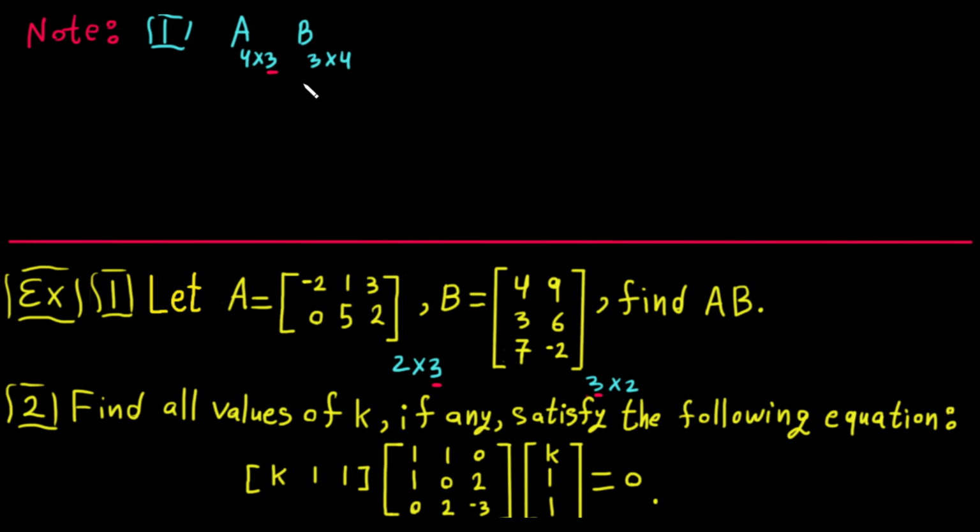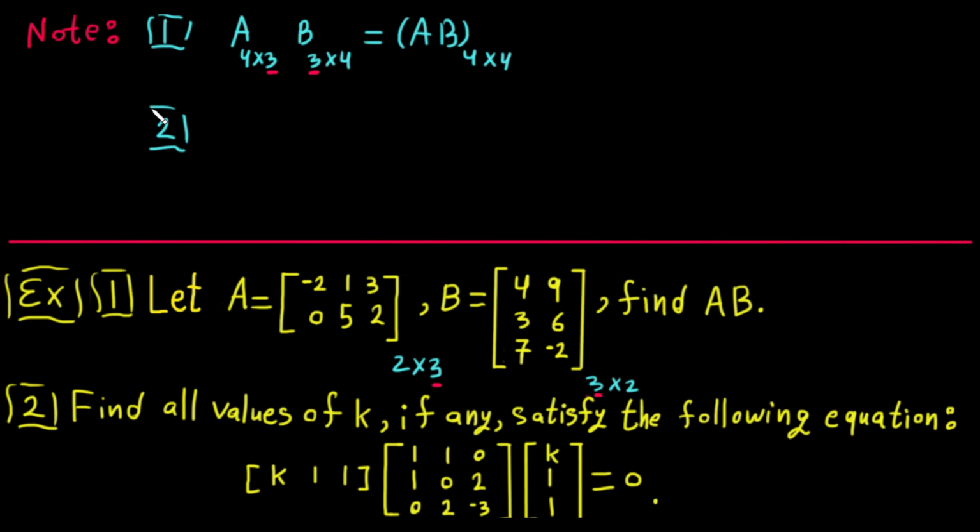Since these are equal, then you can find A multiplied by B. A multiplied by B, which I put in brackets, means only one matrix here. We will find the result of multiplying this matrix by this matrix, and we will get a 4 by 4 matrix.